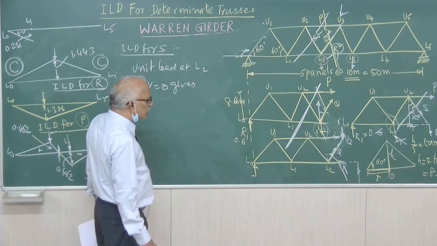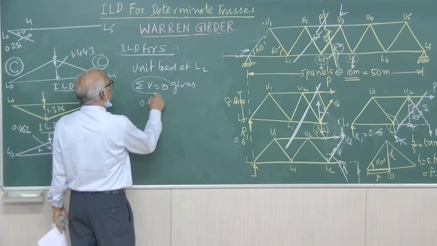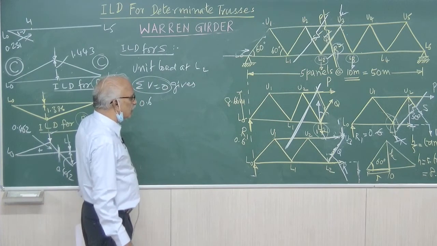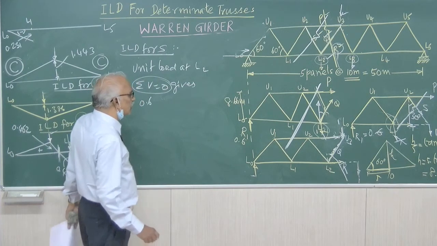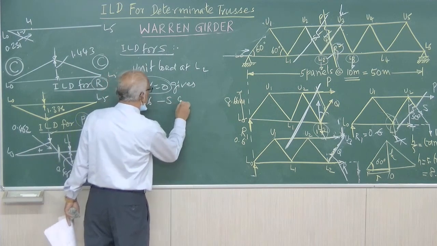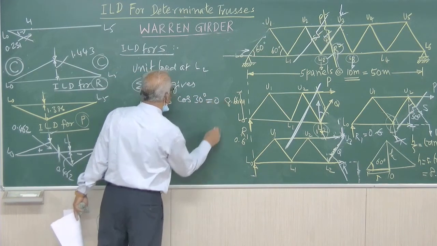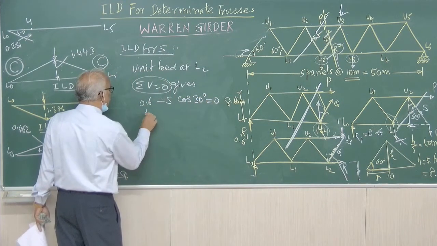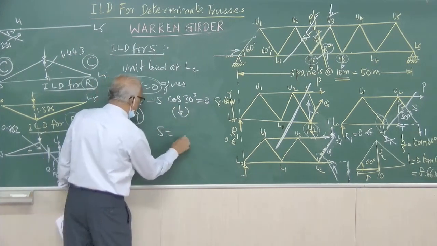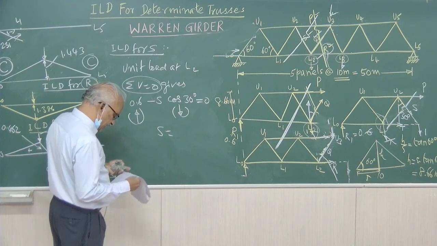The horizontal member T will not cause any vertical component because we are using the equation sigma V equals 0. P will not cause any vertical component. Only S will cause a component, and S is in the downward direction. Therefore, minus S into cos of its angle with the vertical equal to 0. That's all. The unit force is beyond the cut section. Therefore, this will give S equal to 0.693.